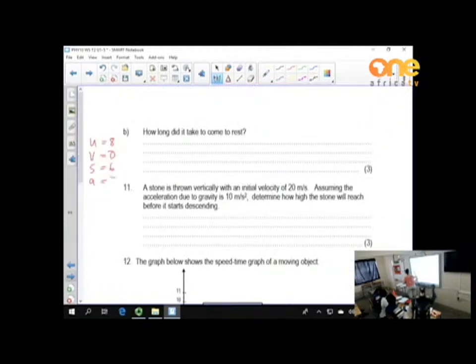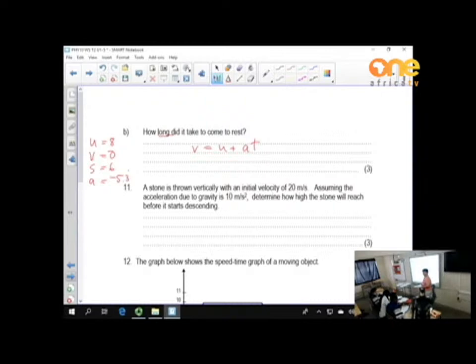Okay, minus 5.3 recurring. All right, so how long? Now we are looking for time. Which one am I going to use? Which one has time? ut plus half at squared, or v equals u plus at. V equals u plus at.